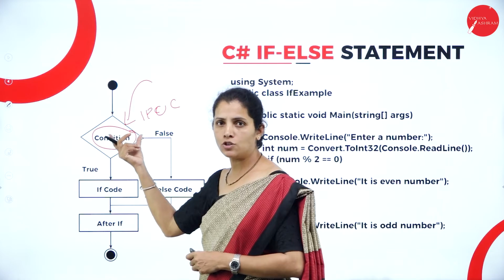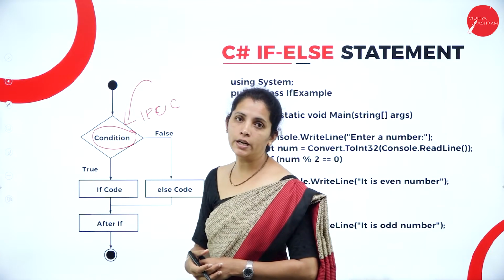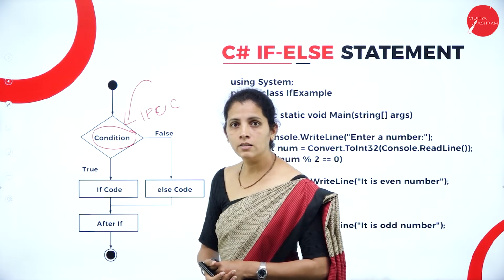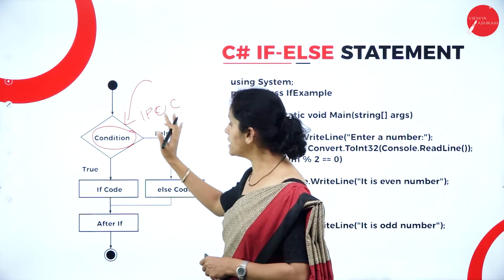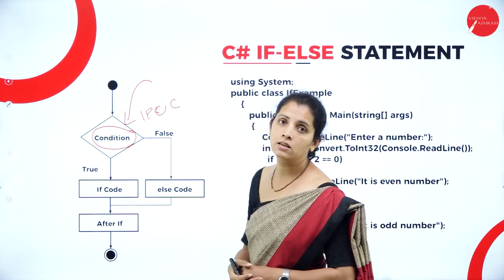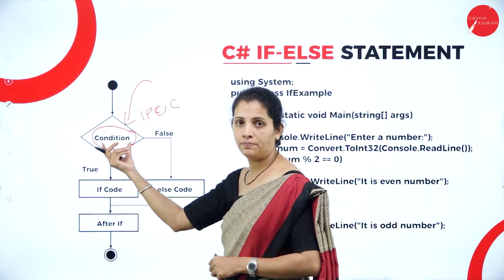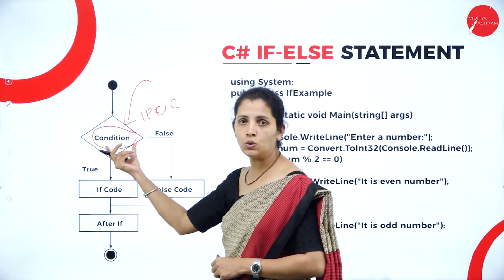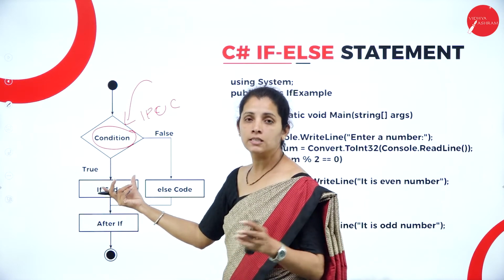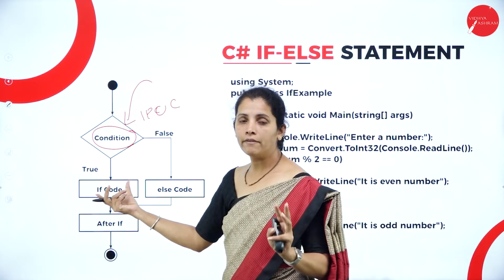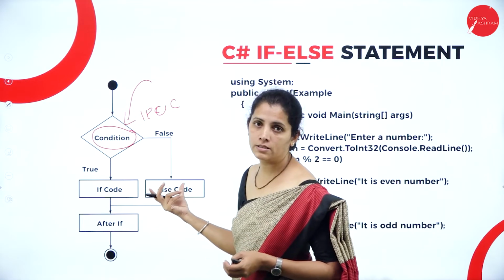If I get the science combination, fine, I'm going to enroll into science. But if I don't have any science combination, then what is my next option? That is commerce. So I'm going to write the condition here. If that condition is true, I'm going to enroll into science. If I don't have any science combination, then the next option is commerce.